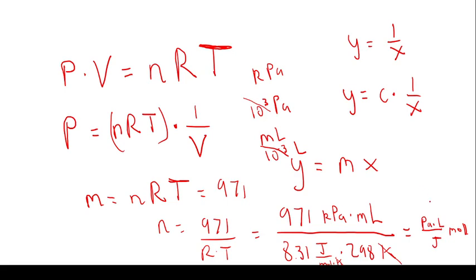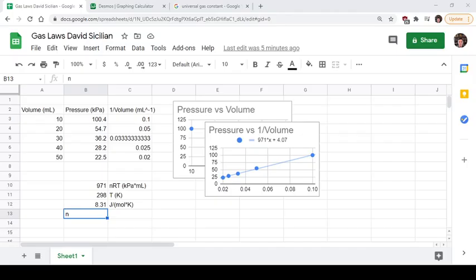We have one last issue here, and that is that liters is not the SI unit of volume. We want to convert these liters into meters cubed for the SI unit of volume. So let's Google really quick, what is the conversion factor between liters and meters cubed?